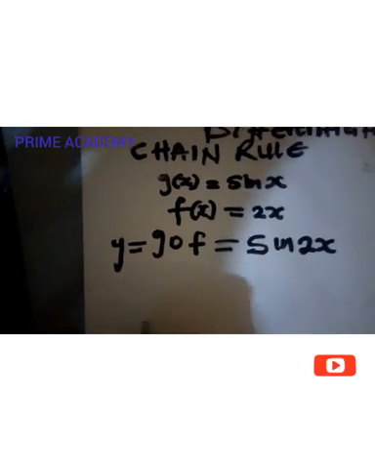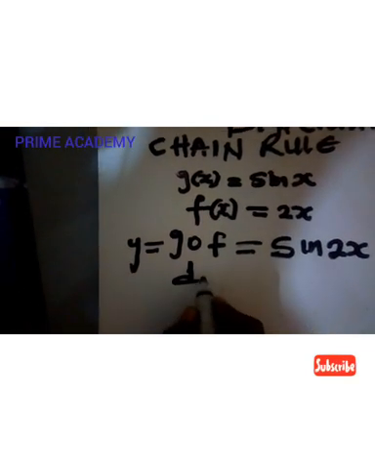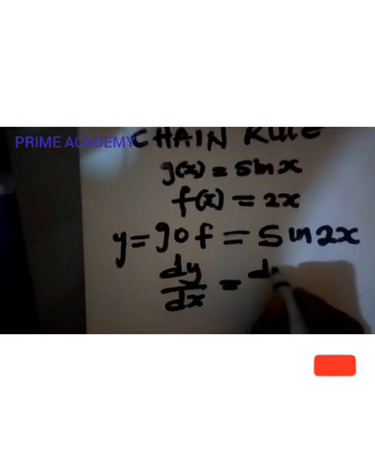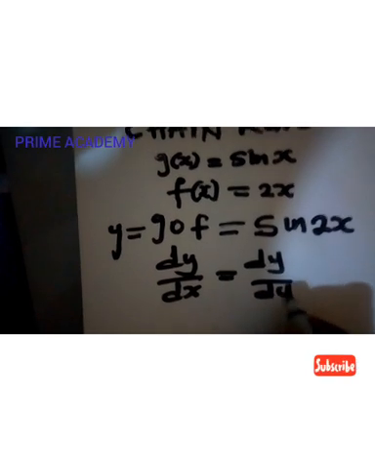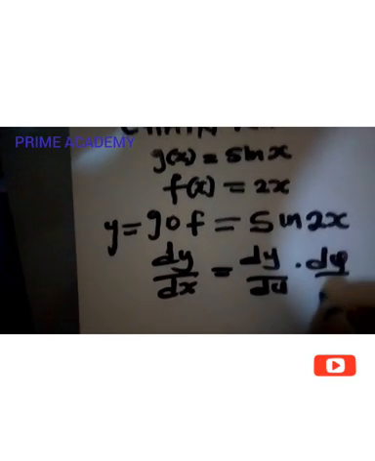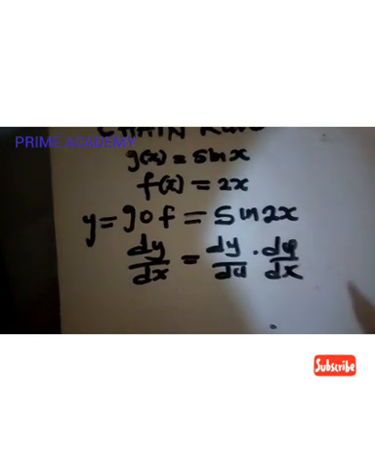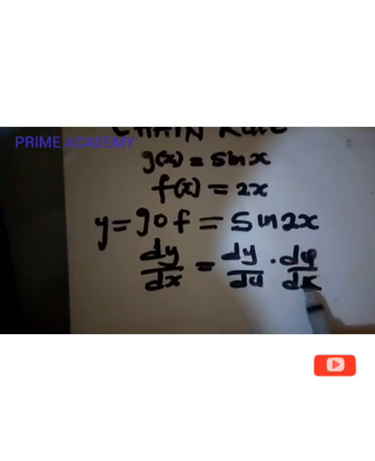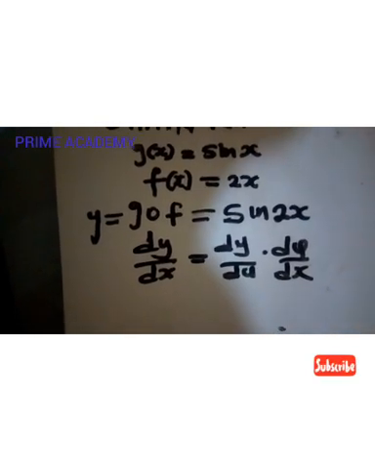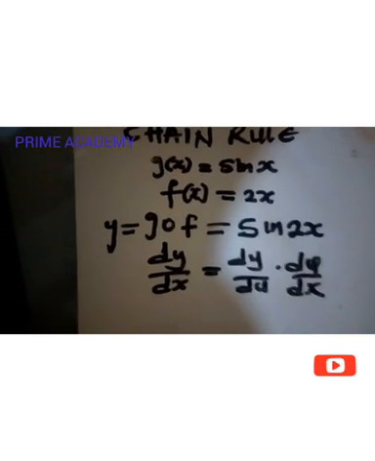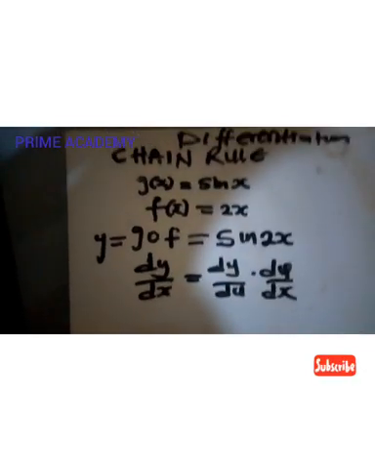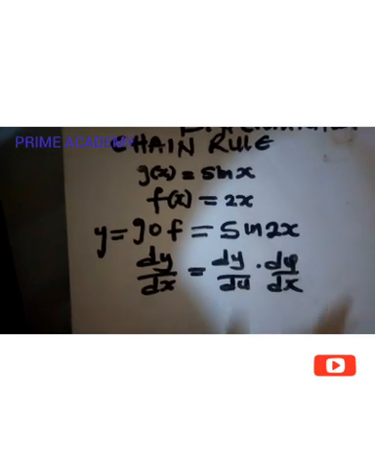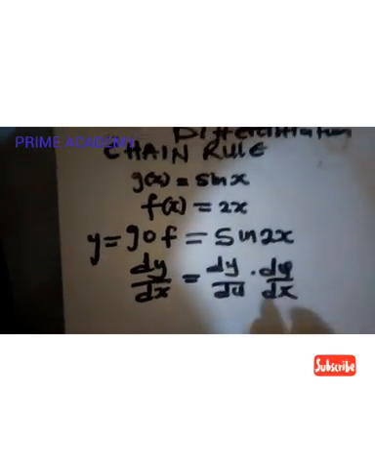Before that, the formula for the chain rule is dy/dx equals dy/du times du/dx, from which you notice that the du can cancel out, and we return back to dy/dx. This is the formula for chain rule. I'll be solving a lot of problems without using the formula, so you see a very fast approach, because of your exams.